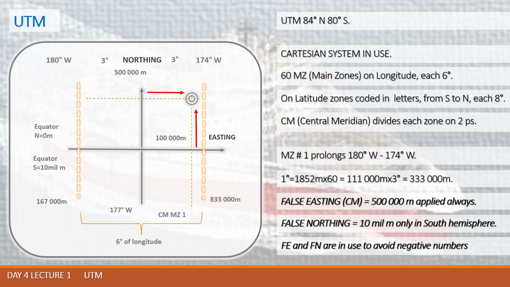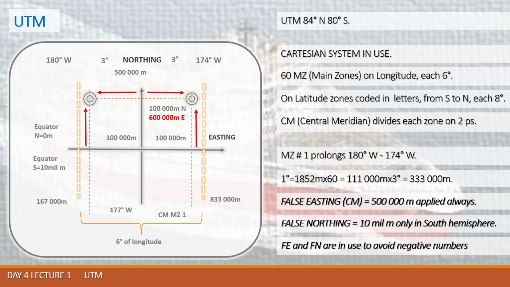Now we try to move the same step of 100,000 meters but to the west, and the same distance from the equator, 100,000 meters. And we receive the next crossing, which will be 100,000 meters northing and 400,000 meters easting, because we deducted from our artificial offset of 500,000 meters the value of the step we did to the west, and we received 400,000 meters.